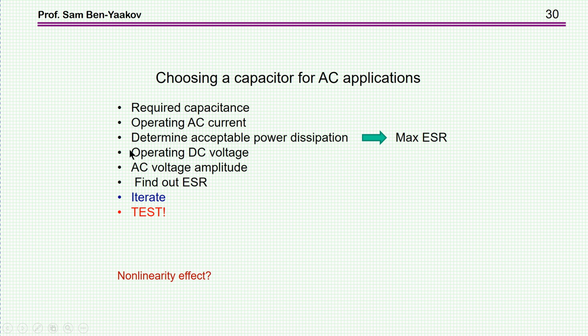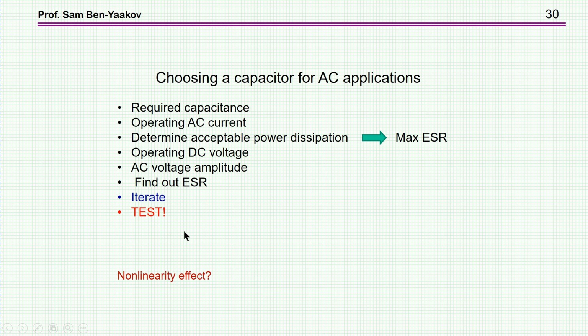So then you need to know the AC amplitude, and then you go through various capacitors and try to match the ESR to the one that you need under all these operating conditions. Now, obviously, you'll have to iterate because there's no chance you'll find it immediately. So you try one, another one.